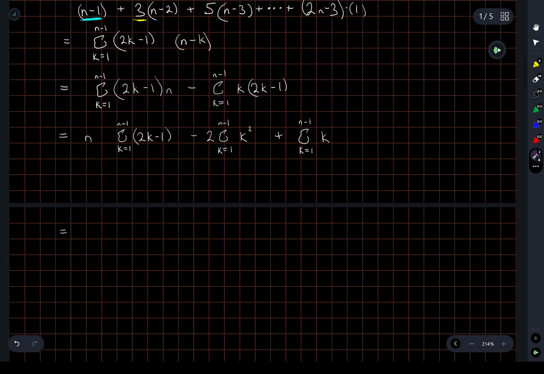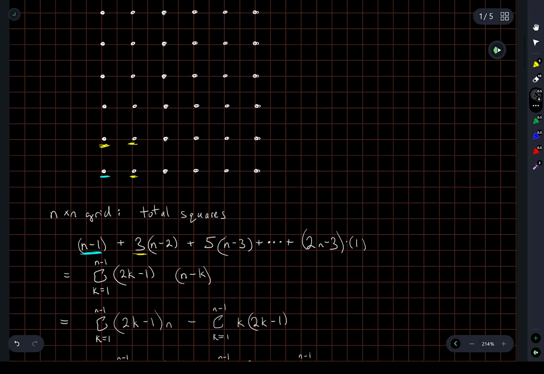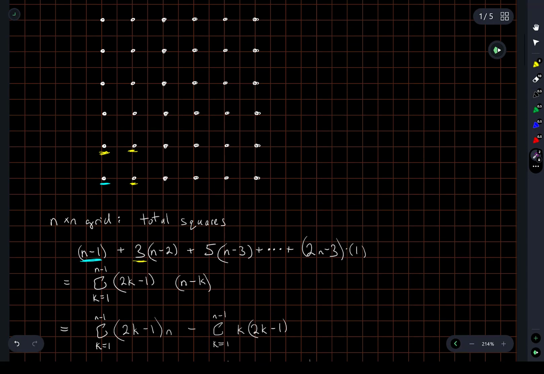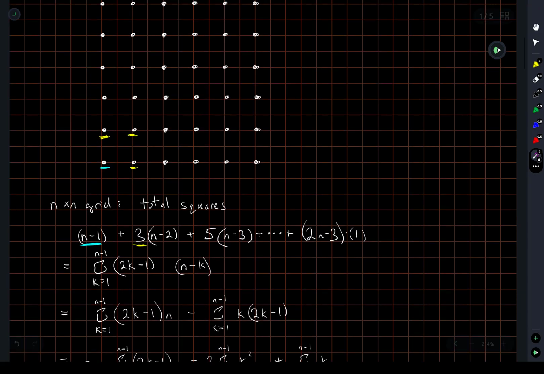Okay, so sum of consecutive odds. When k is equal to 1, this number is 1. So we have 1 plus 3 plus 5 plus 7, all the way up to the number 2n minus 3. What is that going to be? So if n is equal to 6, we have 5 terms.